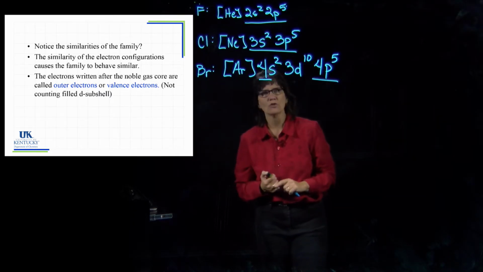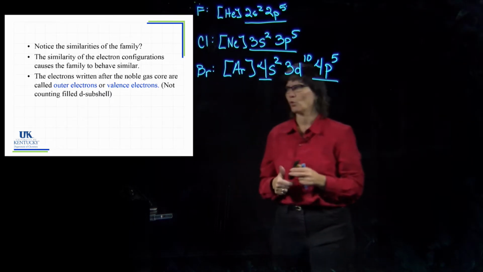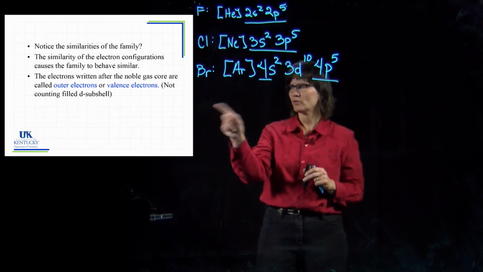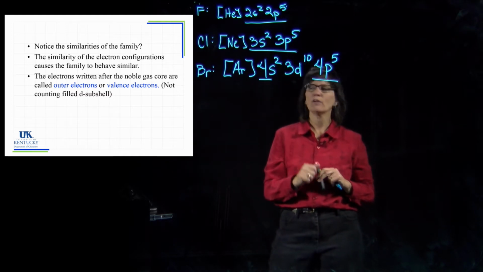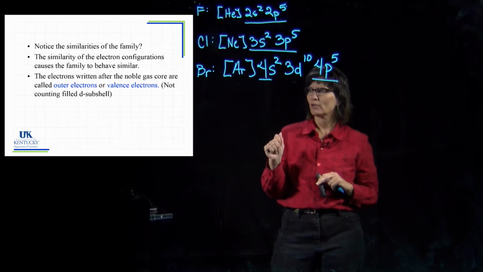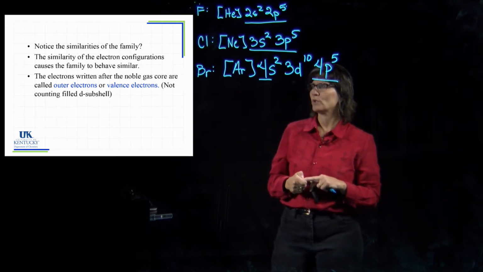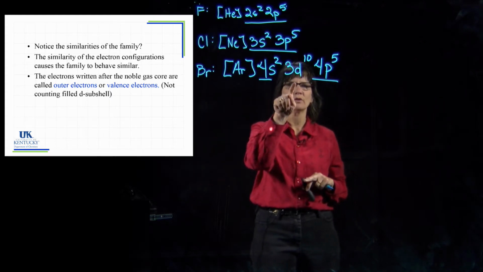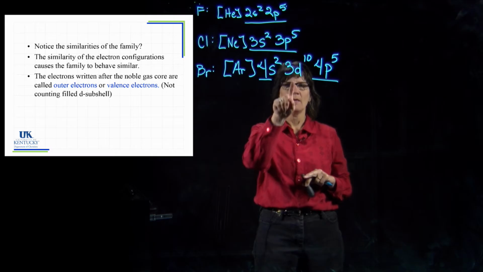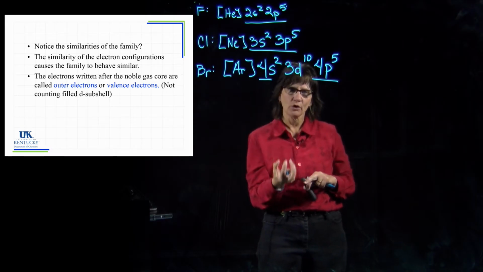Now, any electron that's written after the noble gas core is what we call the outer shell electrons, the outer electrons, or the valence electrons. They are the electrons written after the noble gas core, but don't count filled d subshells. This d subshell is part of an inner core.